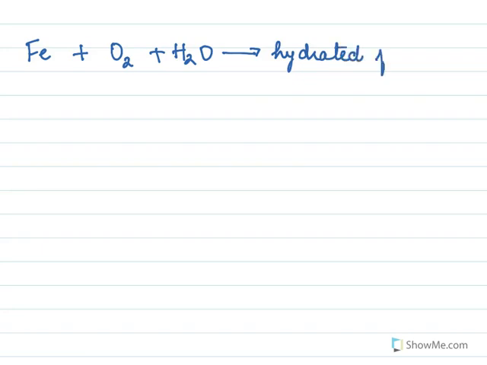So to summarize again, we see iron. It reacts with oxygen plus water to give hydrated ferric oxide, which we call rust. And this rust is reddish brown in color.